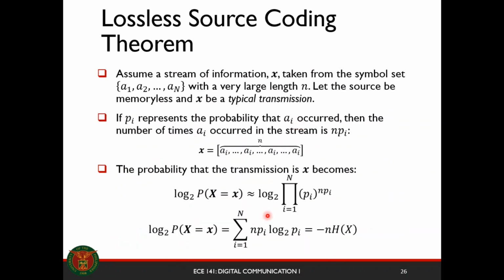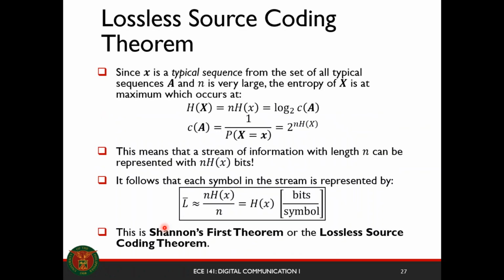So this is from this equation right here. Basically, the number of elements of set A is equal to 2 raised to nH(X).